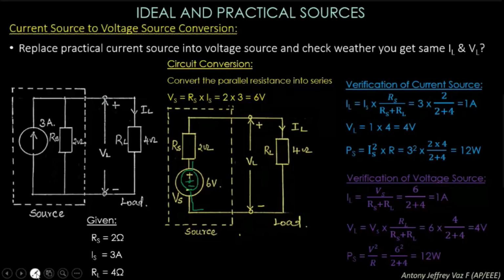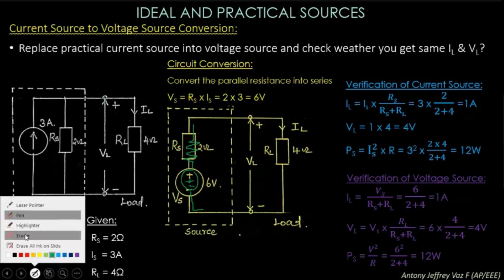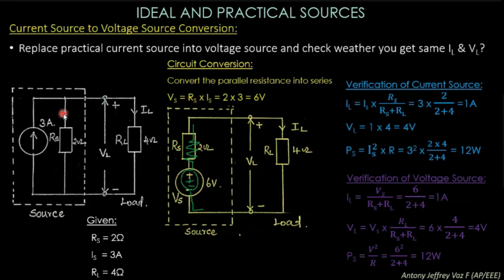Then we need to take this series current source and convert this current source into a voltage source. You see, this is the resistance which is connected in parallel across the current source.